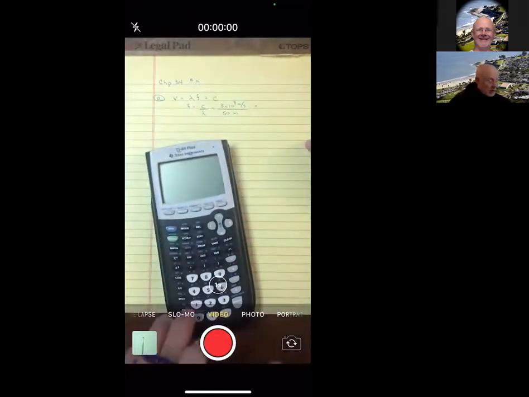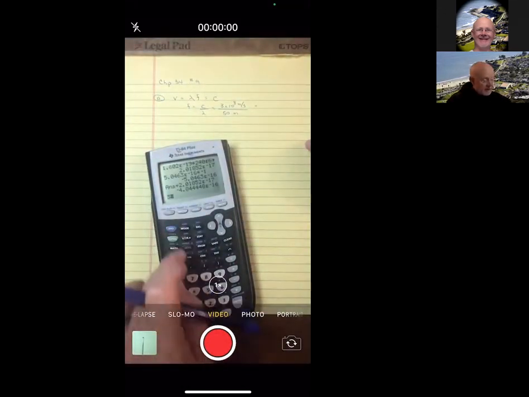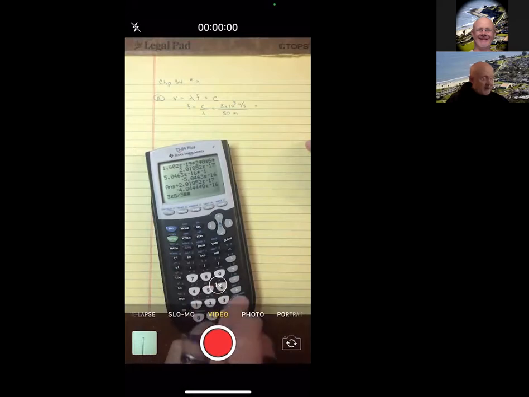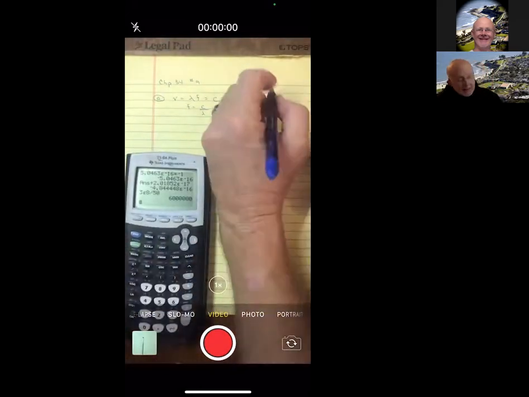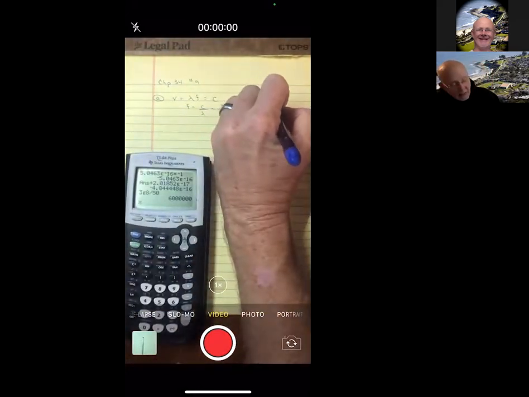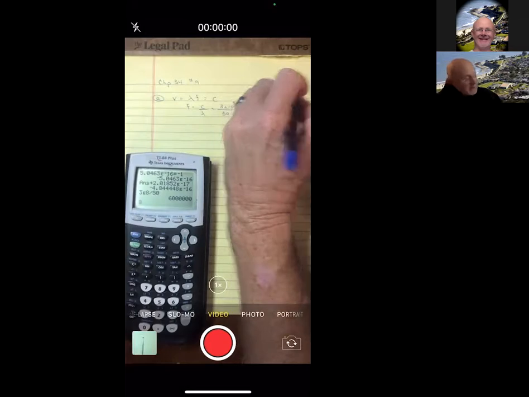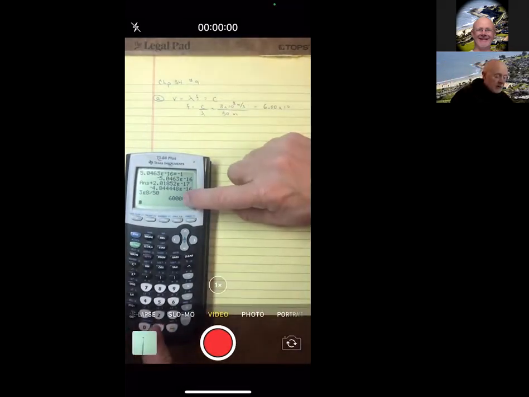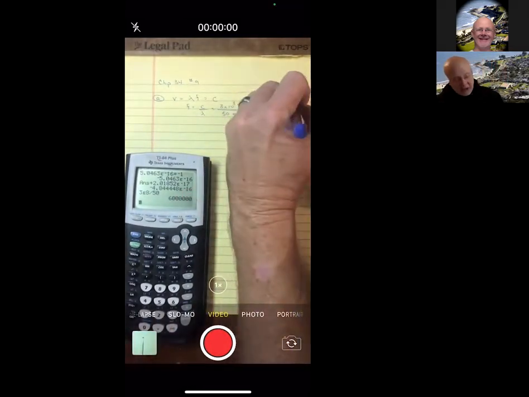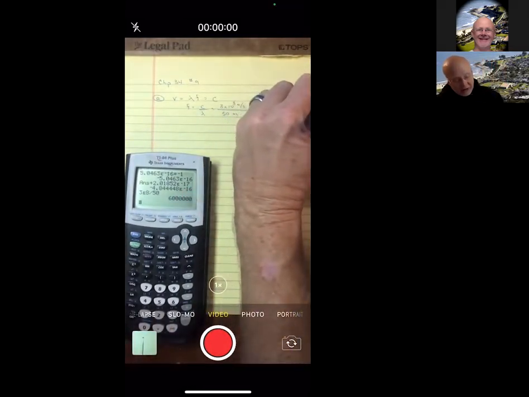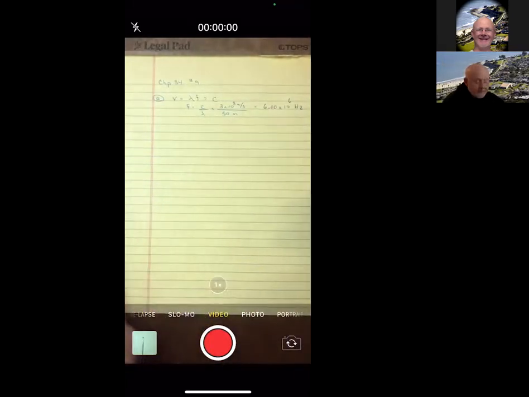And so quick calculation, 3 times 10 to the 8th divided by 50 is 6.0 times 10 to the 6th. So 6 megahertz would be the frequency.